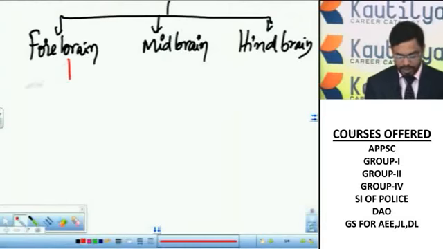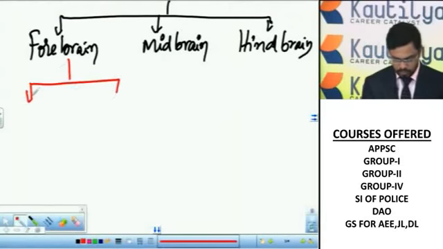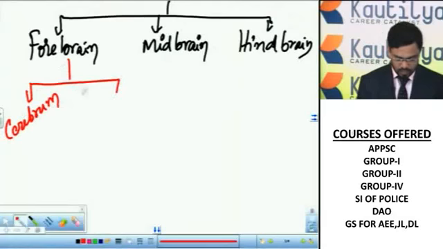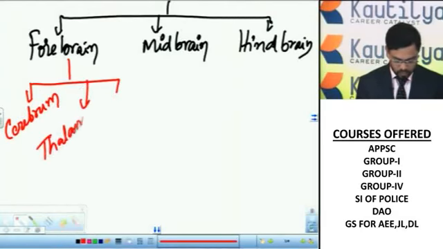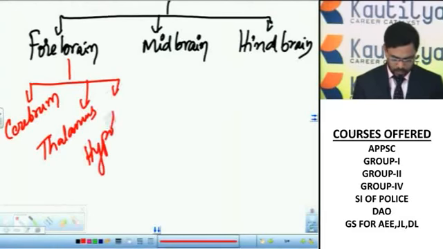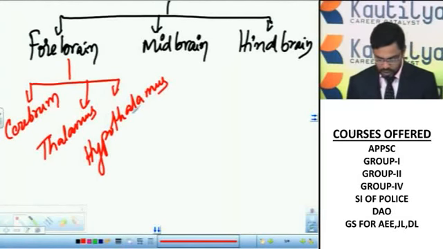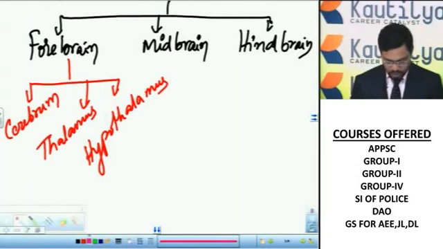The forebrain is again divided into cerebrum, thalamus, and hypothalamus. The middle part of the brain is called midbrain.